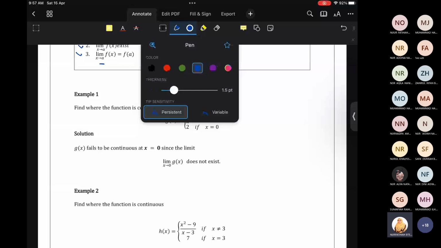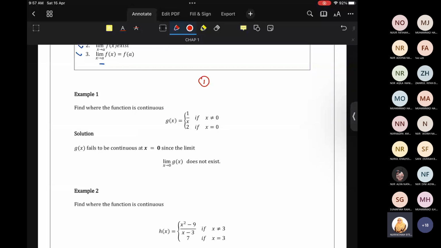That means kita nak kena cari f(0). So, f(0) kita berapa? Saya tanya dekat you. Dua. f(0) is equal to 2.